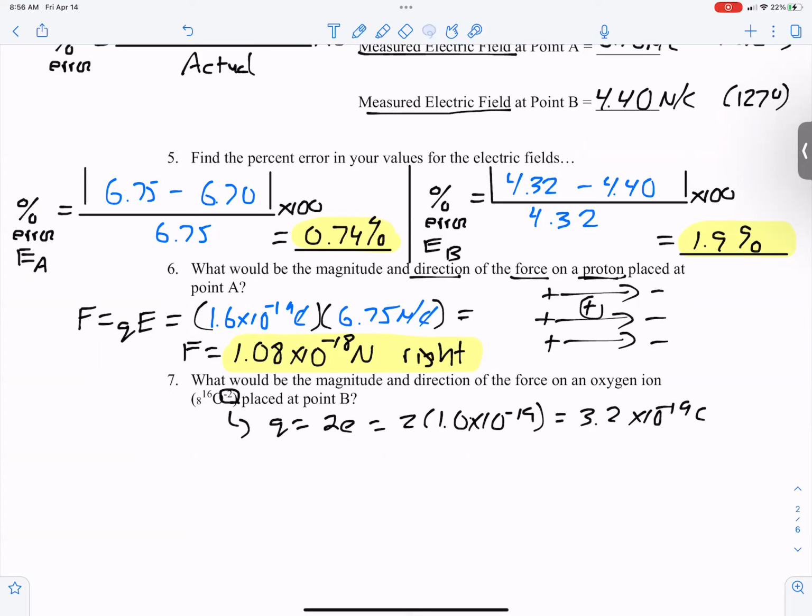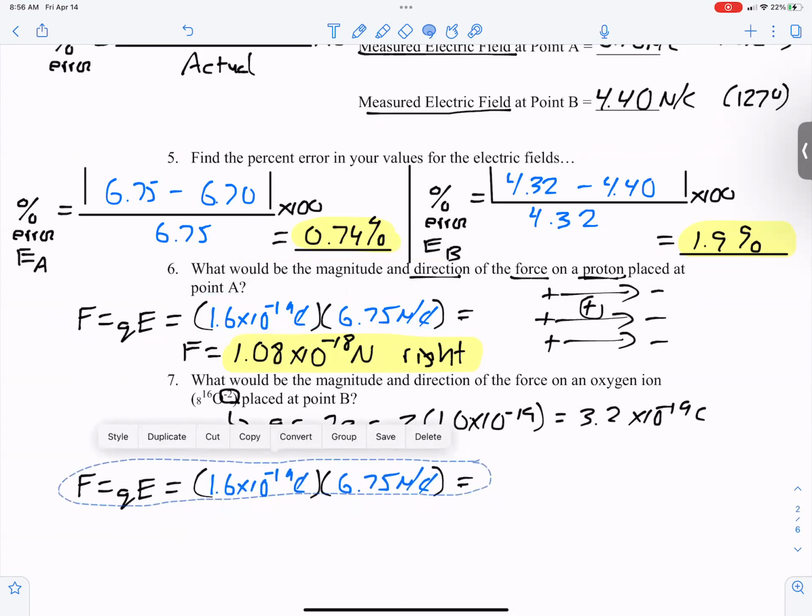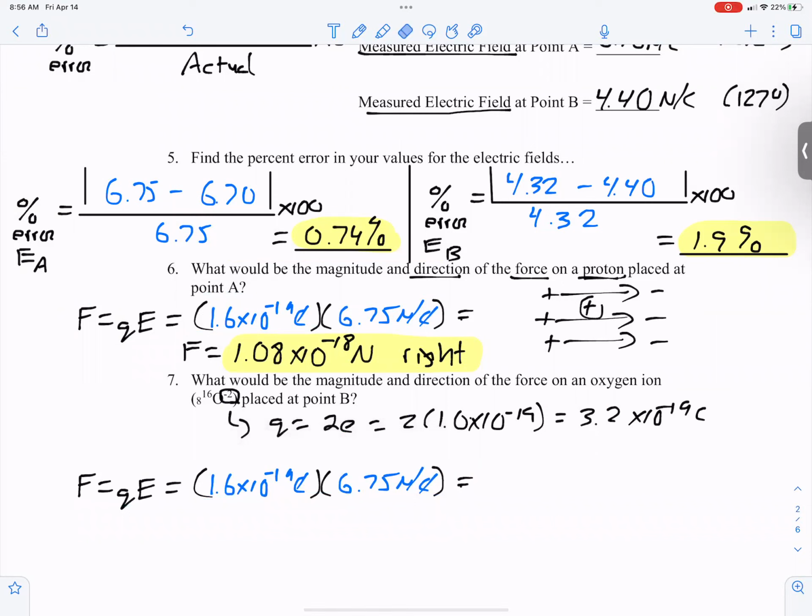So let's go ahead and repeat the calculation. Different field strength at that point. Okay, we're looking at about 4.32 at point B specifically, and the charge would be about 3.2 times 10 to the negative 19.